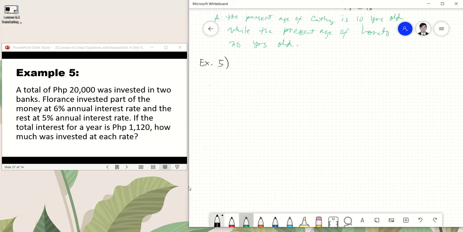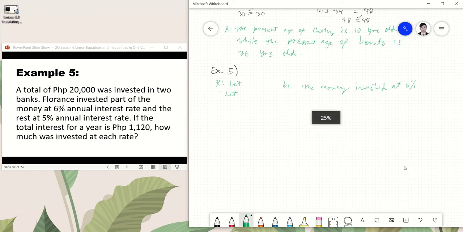Okay, so we'll start with the R, the representation. So there are actually two banks in here with 6% annual interest and the other one is 5% annual interest rate. So we say let blank be the money, because that's what we're looking for. The money invested at 6% annual interest rate.